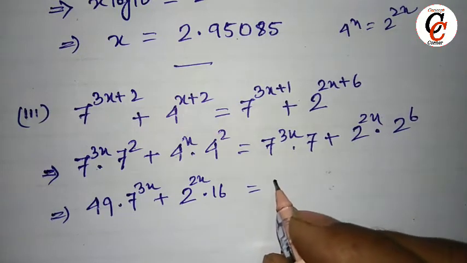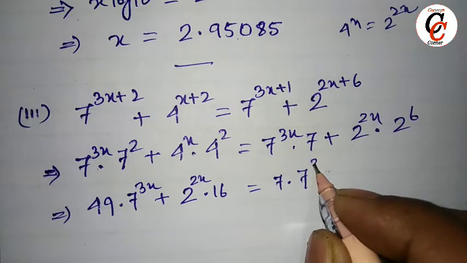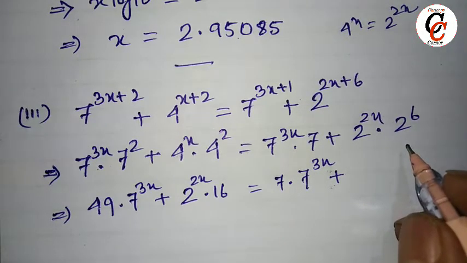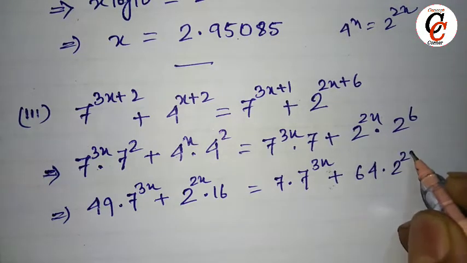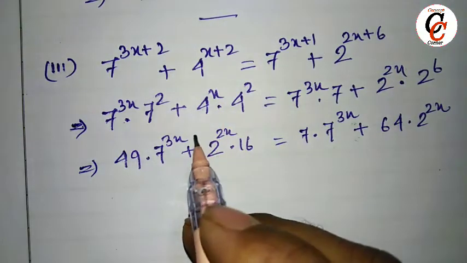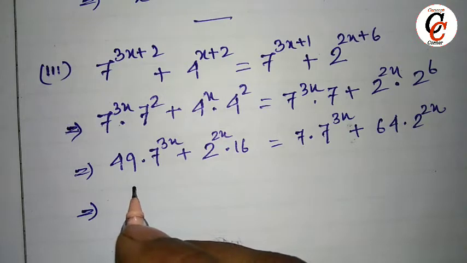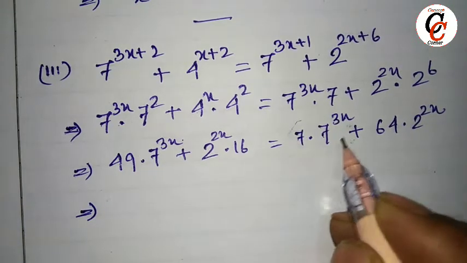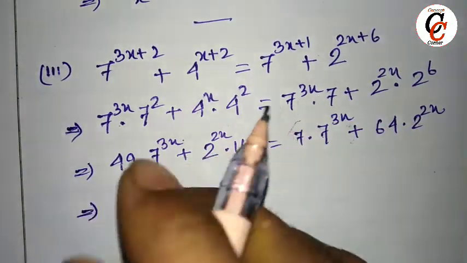Here 4 to the power x means 2 to the power 2x. So we can write 2 to the power 2x into 16. Here 7 into 7 to the power 3x plus here 2 to the power 6 means 64 into 2 to the power 2x.